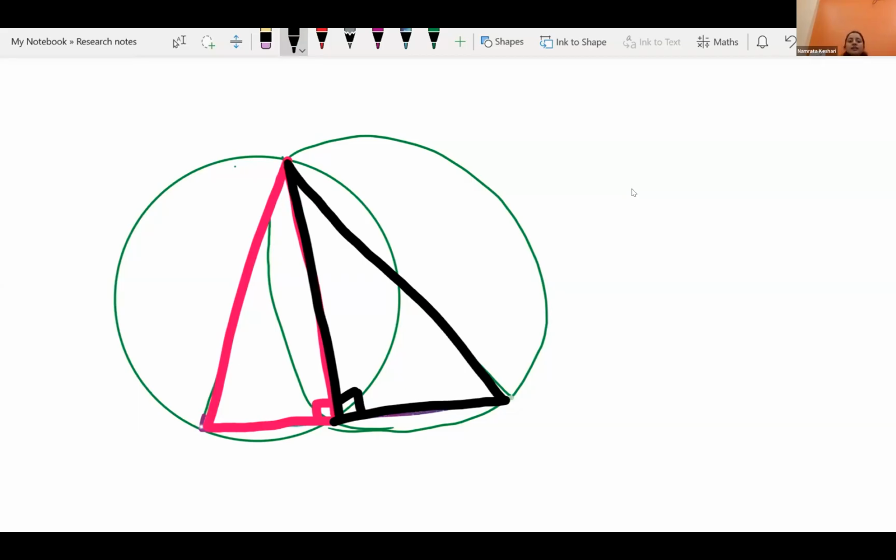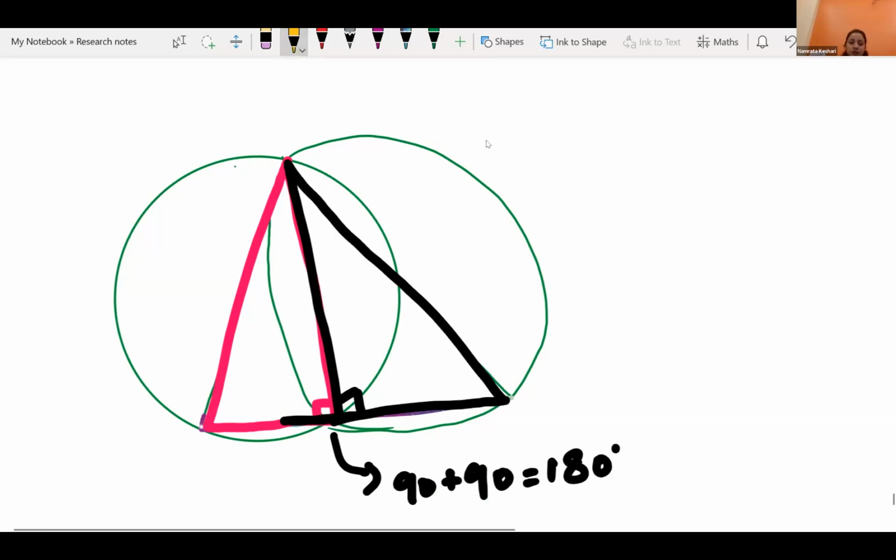Okay, so this angle is 90 degree, that angle is 90 degree, and we can see from here that 90 plus 90 is making 180 degree, right? Yes, ma'am. That means a straight line is getting created over here. Yes or no? Yes, ma'am.